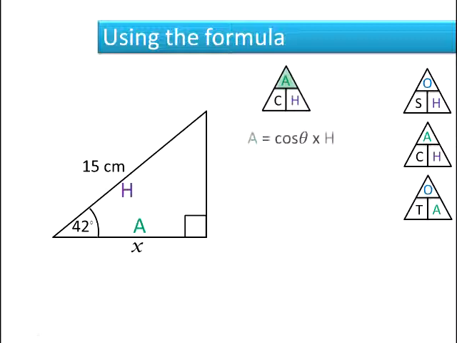So we say the adjacent is the cosine of the angle times the hypotenuse. Now this little symbol here is theta, it's pronounced. We use it for angles. So there's a formula. We now use the information to put it in. So A is X, the angle is 42, and the H is 15.